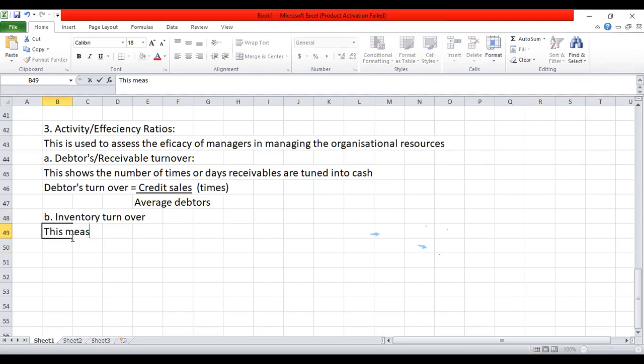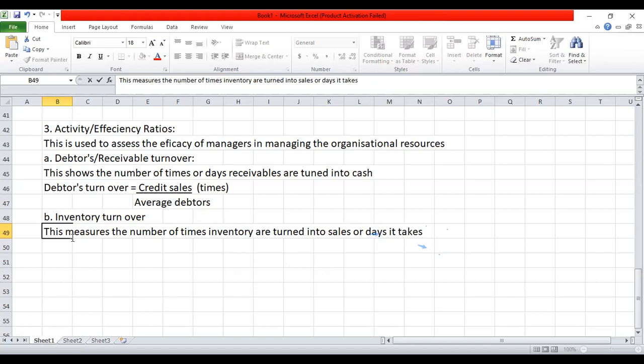This measures the number of times inventory is turned into sales, or the number of days it takes to sell inventory.